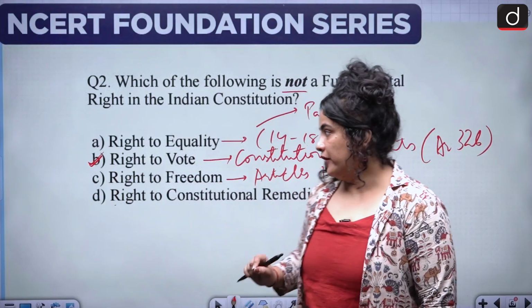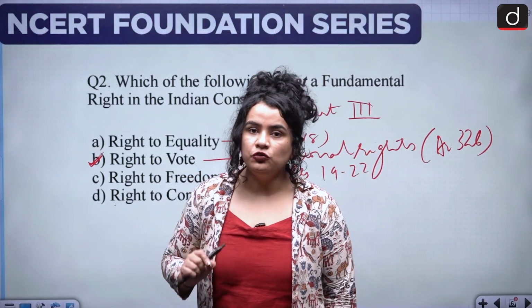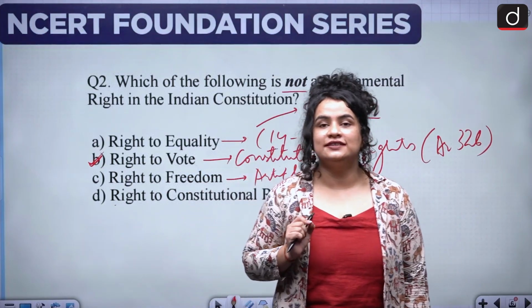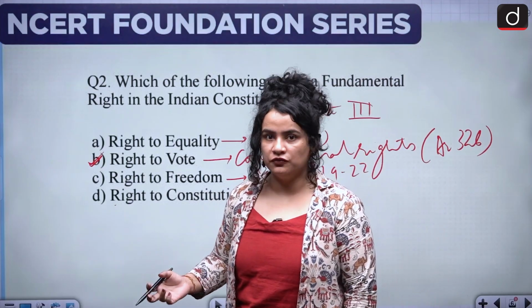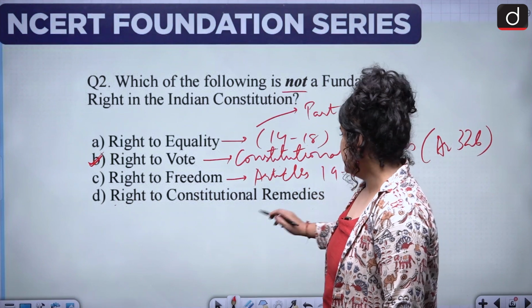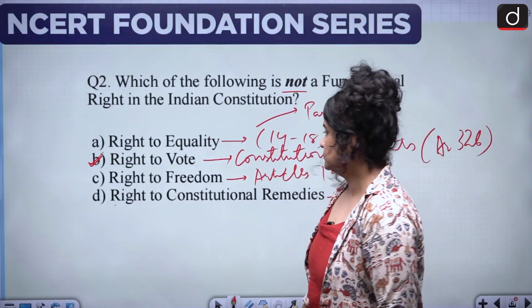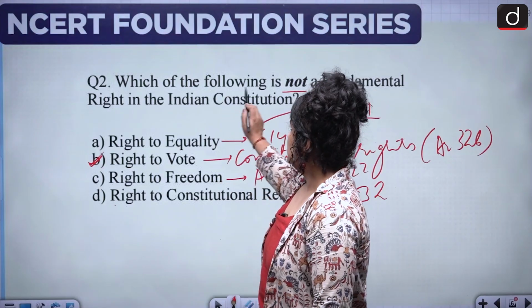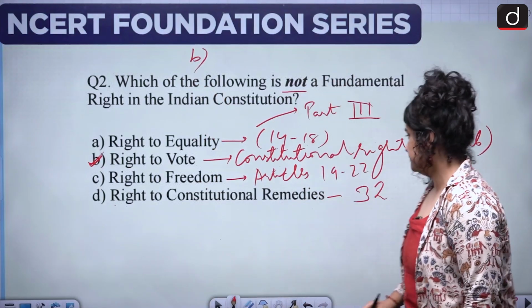And this is so because if your fundamental rights are violated, you can approach the courts directly, which means protection against violation of rights itself is a fundamental right and it is guaranteed by Article 32 of the Constitution. So, which one is not a fundamental right? Your right to vote, option B.